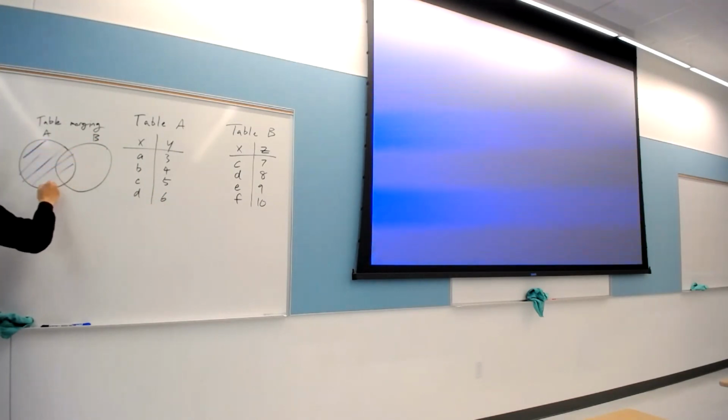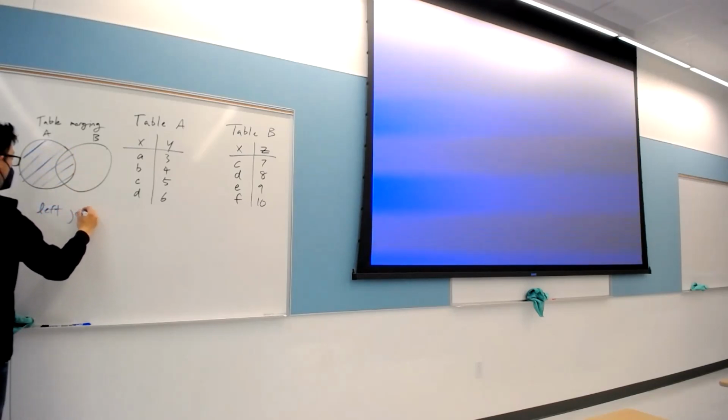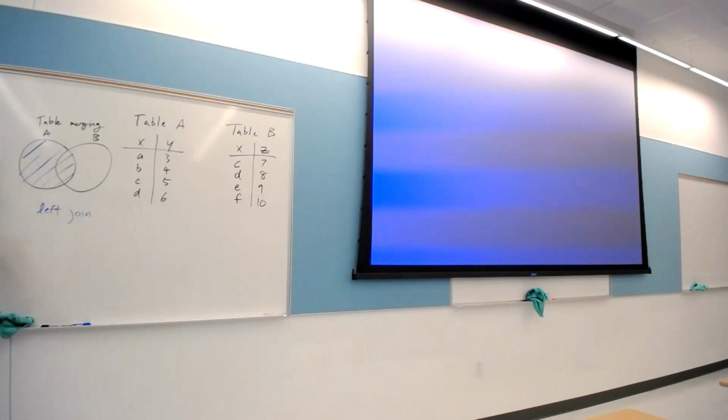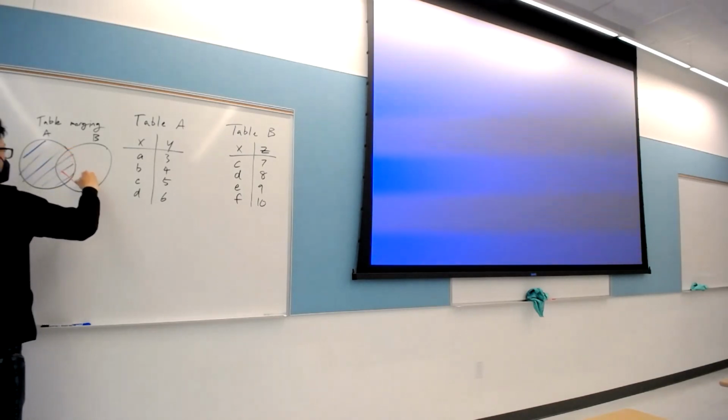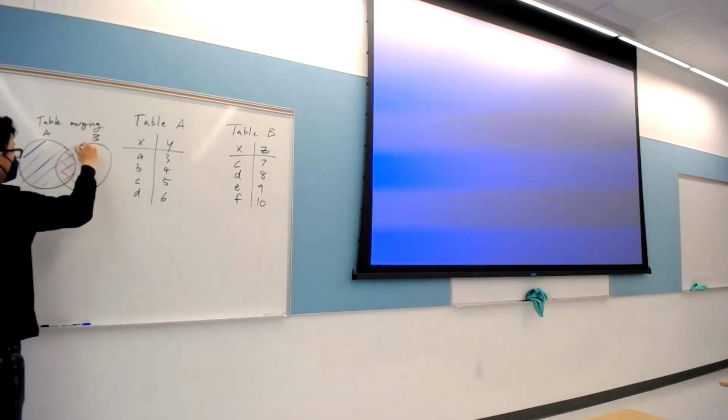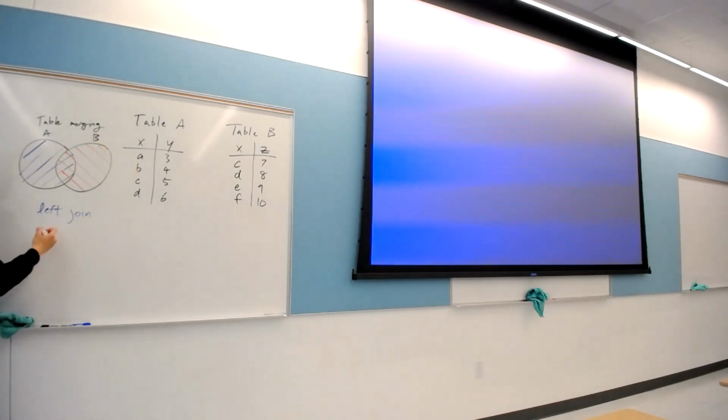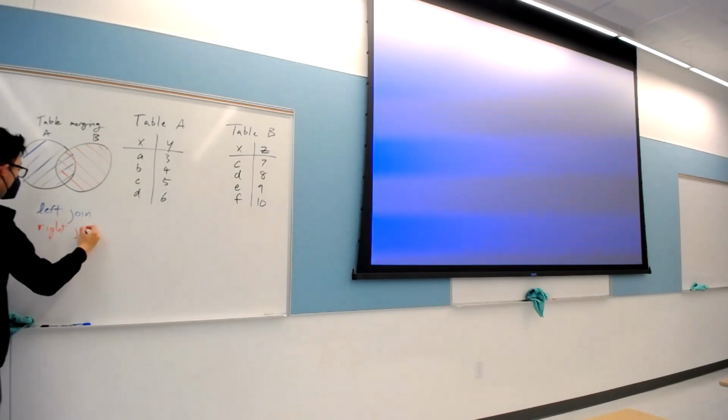So you can have something like this. So this would be known as a left join. You could have something like this. That would be a right join.